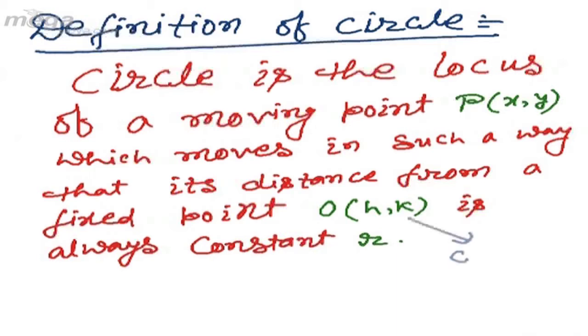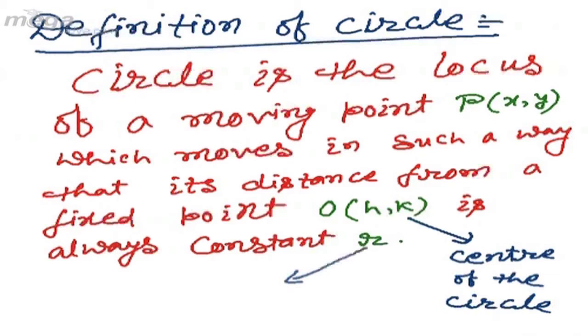This fixed point is called the center of the circle, and this constant r is called the radius of the circle.